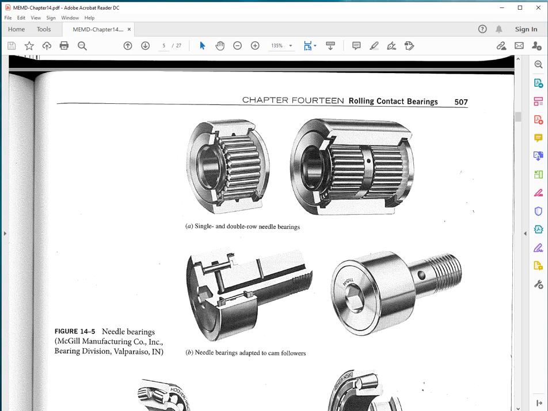The designs could be where both an inner race, the rolling elements, and an outer race are provided. Sometimes you could see the inner race being actually part of the shaft, and the shaft is hardened to the necessary level and finished to the necessary diameter.